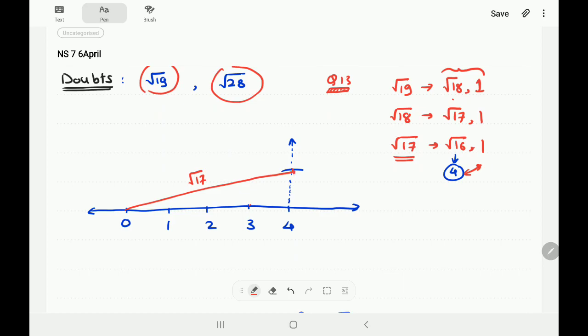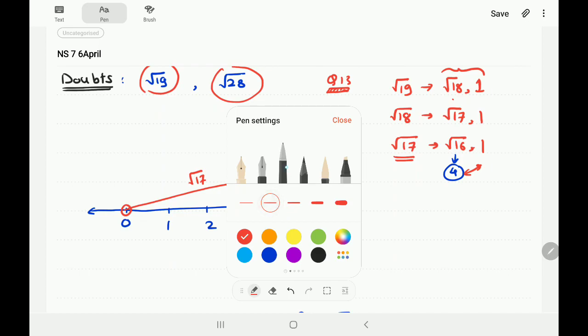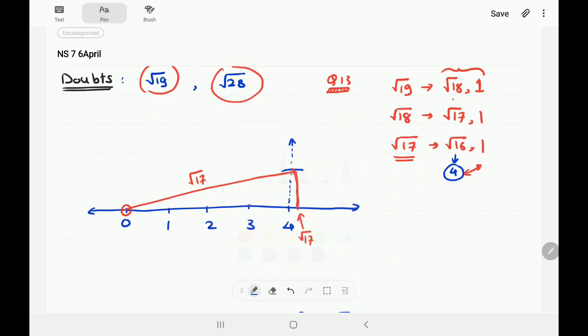Then take it down. As you know, this is the point where you can keep the compass, and this is my root 17. You can check that. Now on root 17, if I draw a perpendicular and take 1 unit distance and join it from here and take it down, this is going to be my root 18.